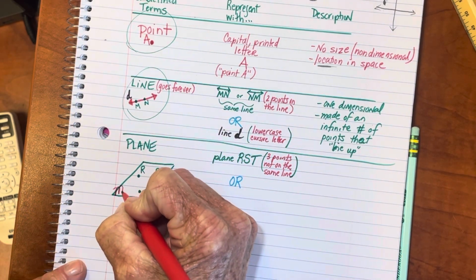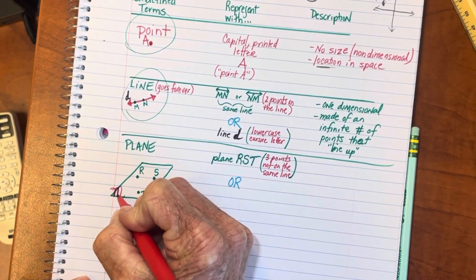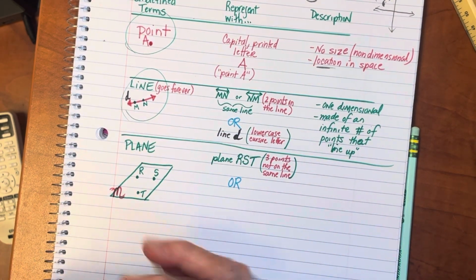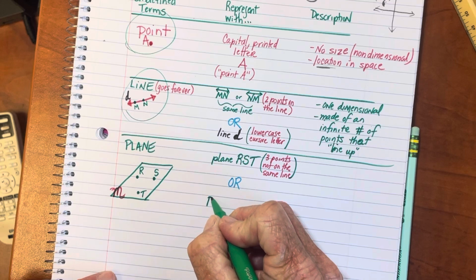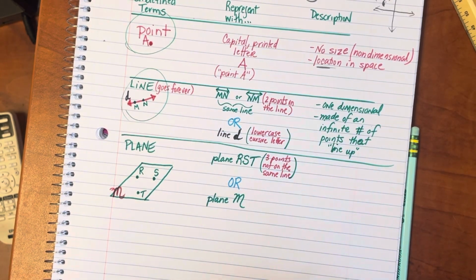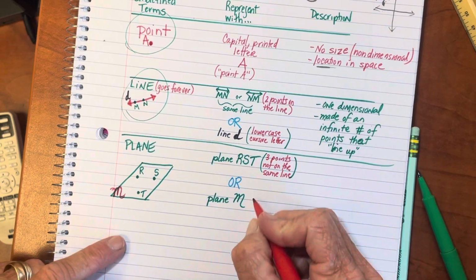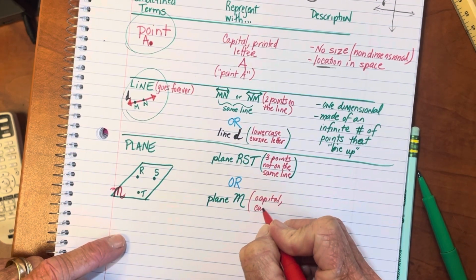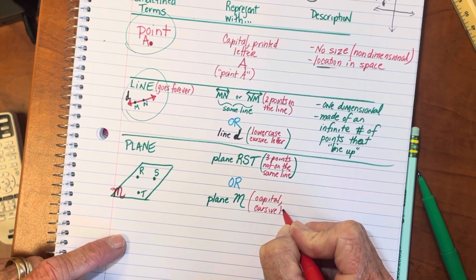So maybe we've got a cursive M just like this, in the plane, then you can simply name it, or we could simply call this plane M. Okay, so what is that? It's a capital cursive letter.